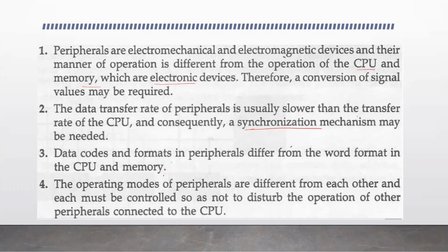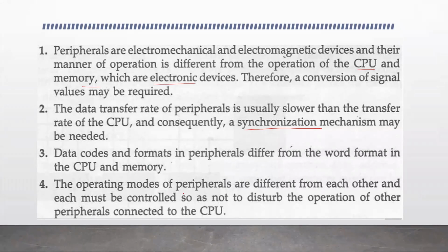But when data is transferred between the I/O devices and the internal components, the data format is different, and the data codes, generally the input data that is entered, are represented in ASCII. So we need an interface.